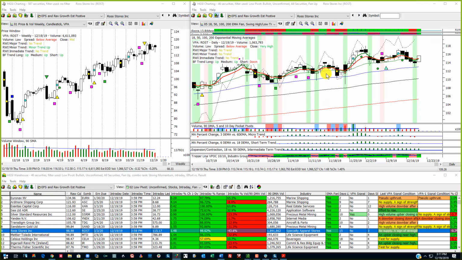So, this isn't an ideal stock by any means. It's really been basing for a long time. The group has not been doing much at all. You can tell this is the dotted line. The stock's pretty much trading along with the group. So those are the things that I like to look at.